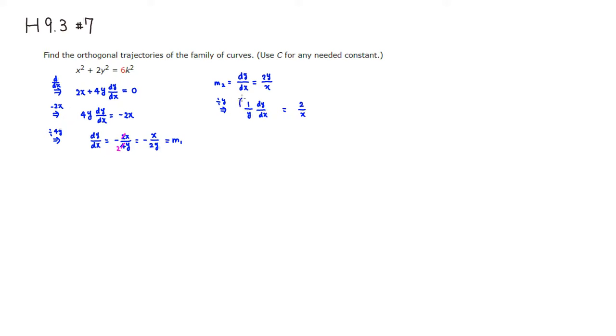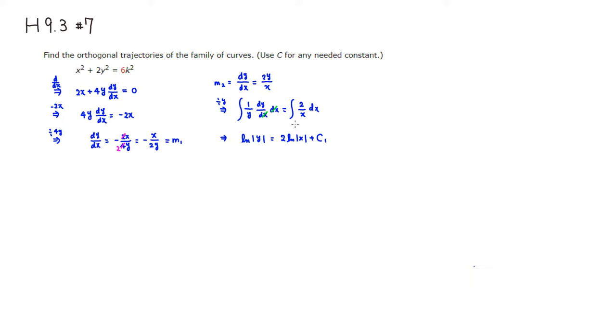Then we can integrate with respect to x, and the dx on top and the dx on the bottom cancel. The antiderivative of 1 over y is the natural log of the absolute value of y, which is equal to 2 times the natural log of the absolute value of x, plus some constant. I'm going to call it c1.